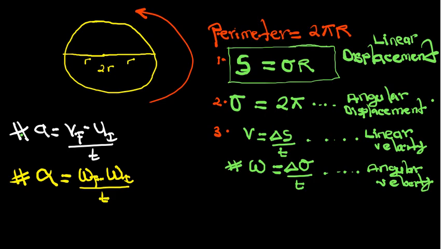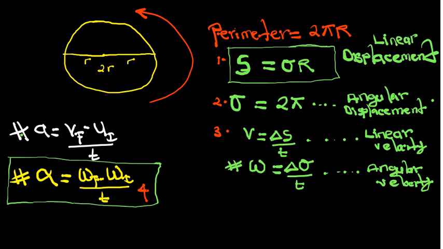These are the formulas that we're going to use. So now let me label them here. The formula we're going to use for objects moving in a circular position when finding the acceleration, which is called the angular acceleration, is given by acceleration being equal to the final angular velocity minus the initial angular velocity, divided by time. I'm going to label this as formula 4.